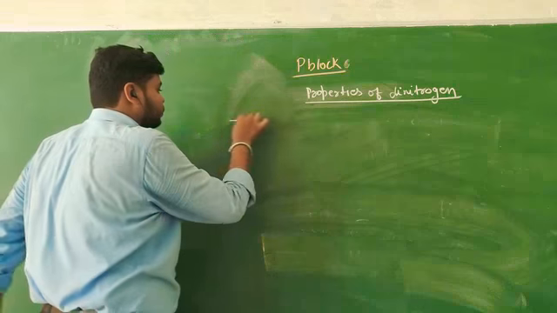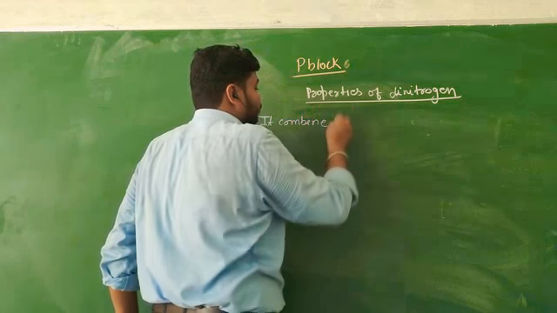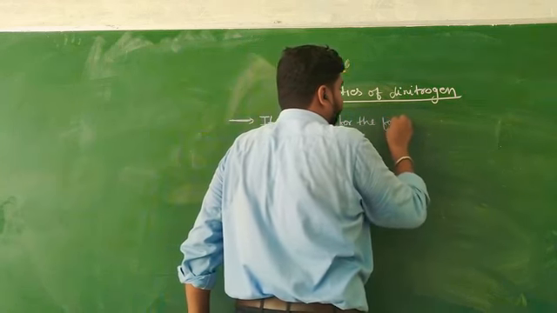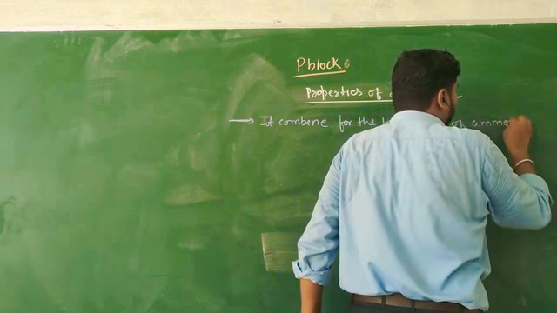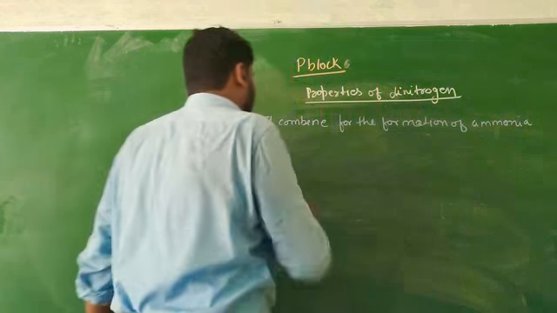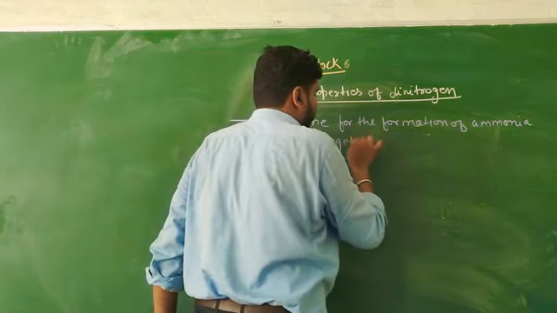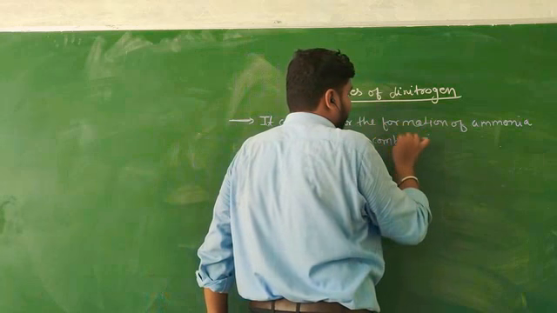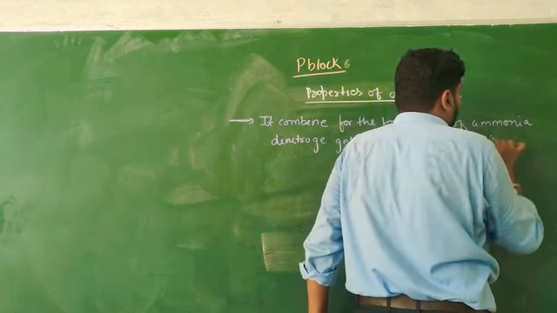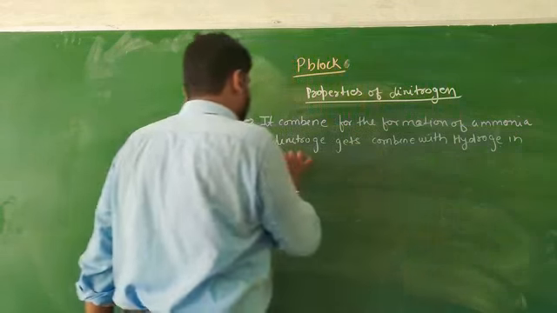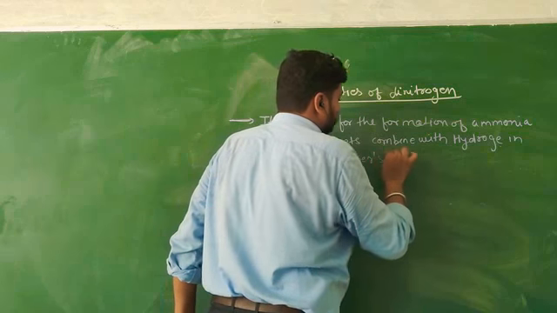So dinitrogen gets combined with hydrogen in terms of the Haber process, for the formation of ammonia.